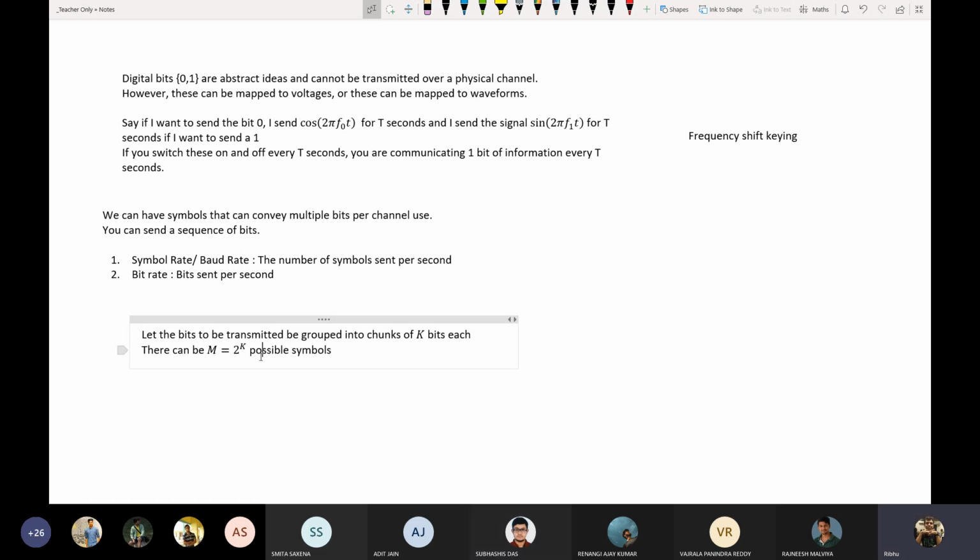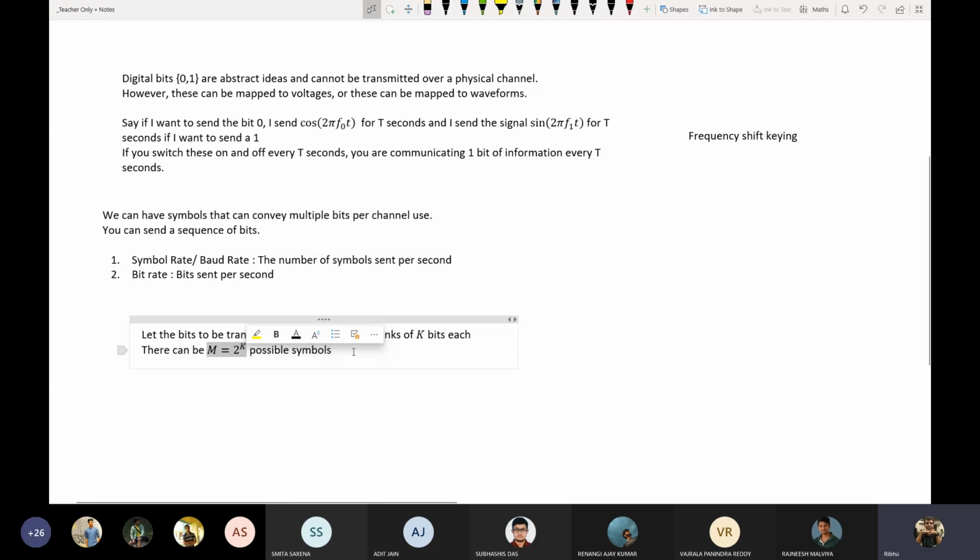Then I'm talking about a general case. That was a specific example. Now I'm talking about the general case: there are m equals 2 to the power k symbols.